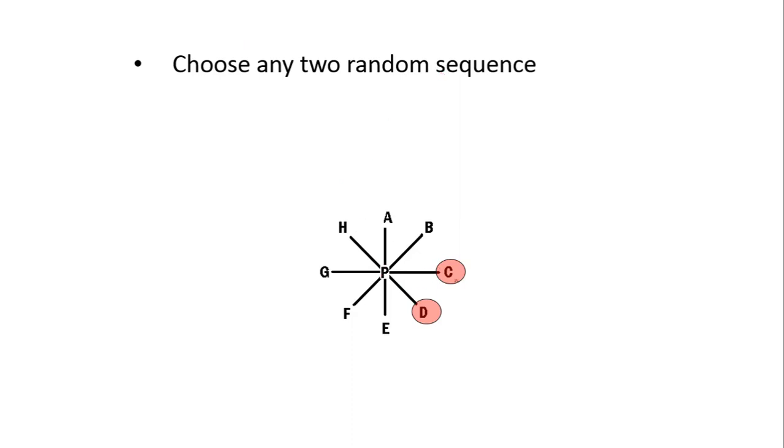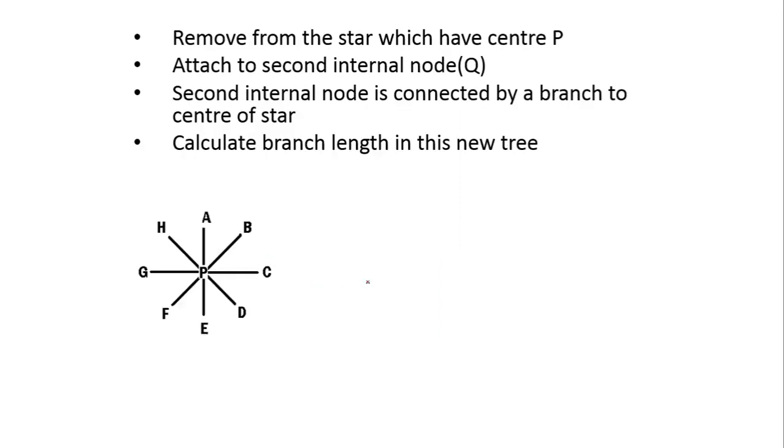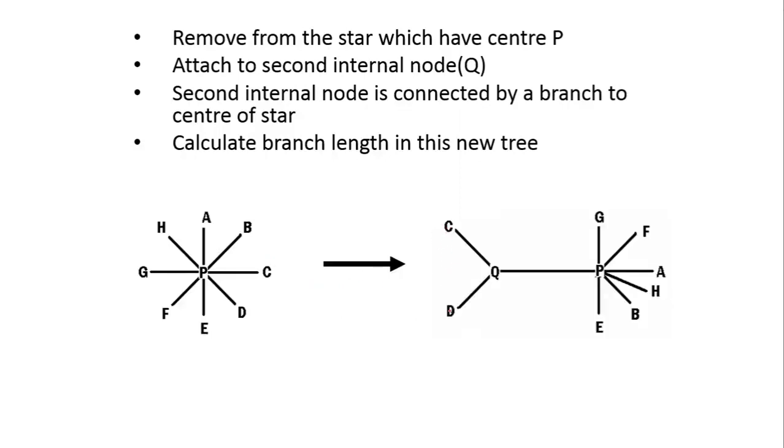In this case we have randomly selected sequence C and sequence D. After randomly selecting any two sequences, you remove these two sequences C and D from the original cluster, and you attach them to an internal node, and we would call that internal node or ancestor Q. Okay, we remove any two randomly selected sequences from the star, which has this center P, and after removing we attach these two sequences to a second internal node called Q.